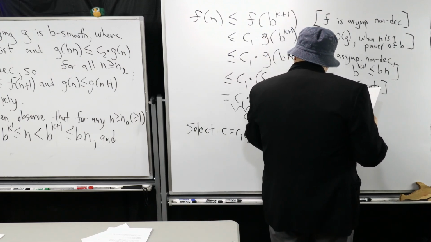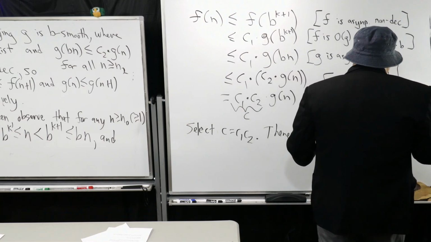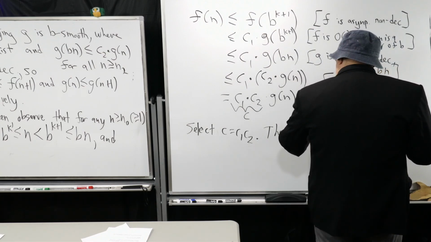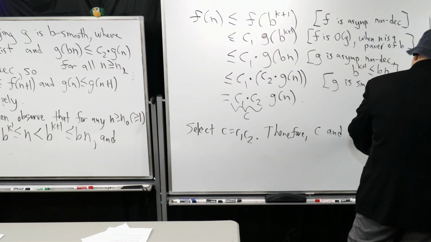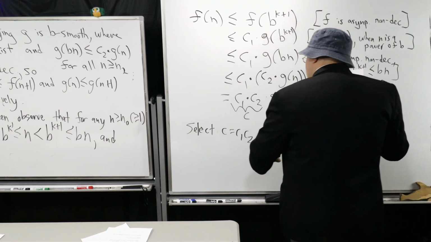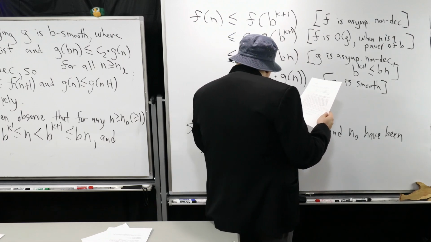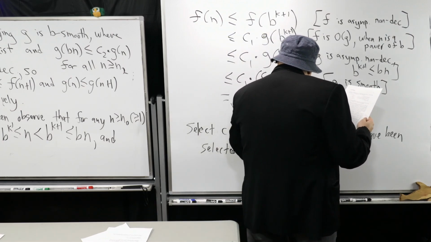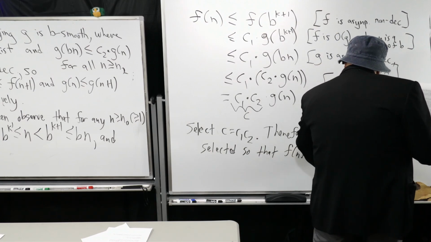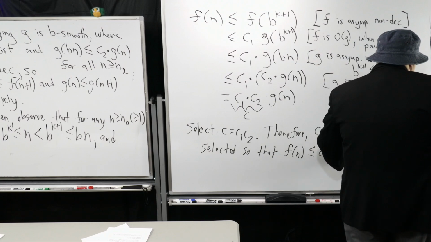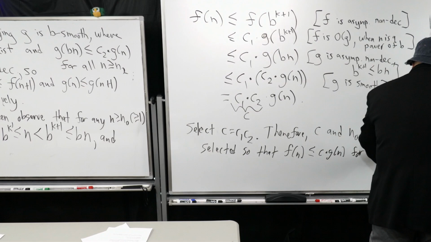Therefore, C and n0 have been selected. Just to recap everything, they have been selected so that f of n is less than or equal to C times g of n for all n greater or equal to n0.